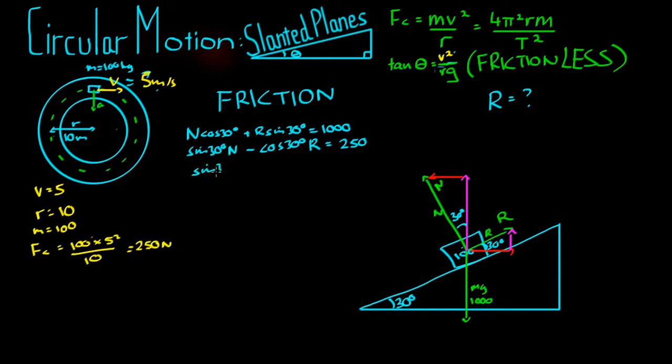So sine 30 degrees N equals 250 plus cos 30 degrees R. Since sine 30 degrees is actually 1/2, we can multiply both sides by 2 and we get N equal to 500 plus 2 cos 30 degrees R. Now cos 30 degrees is root 3 on 2, so 2 cos 30 degrees is root 3. So the normal is 500 plus root 3 R.